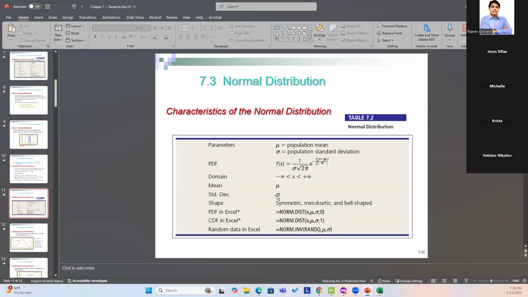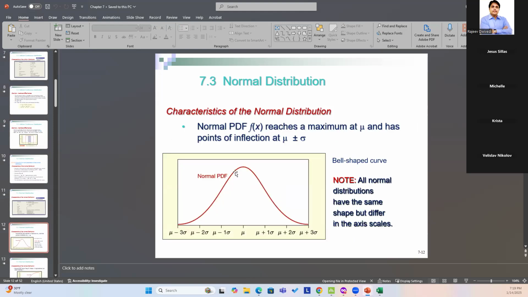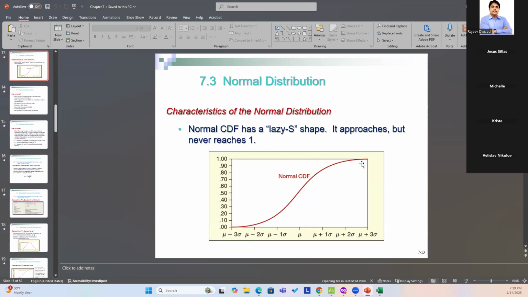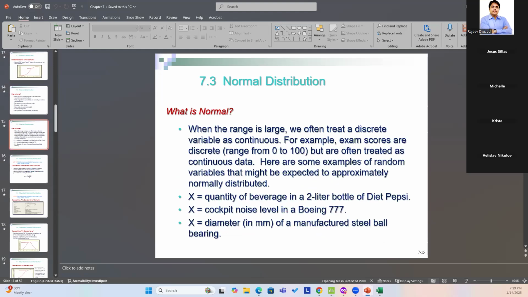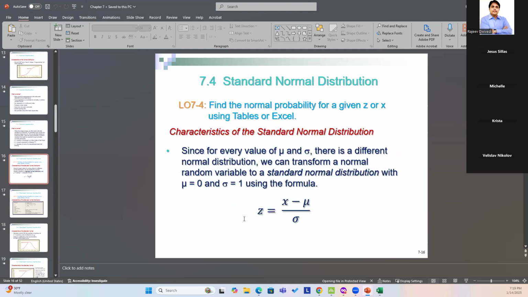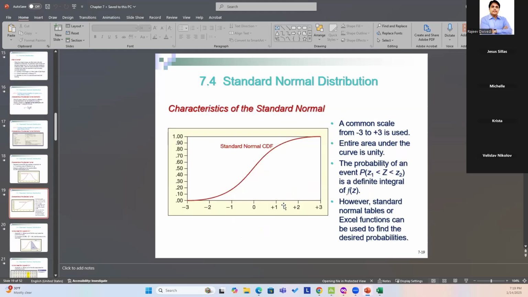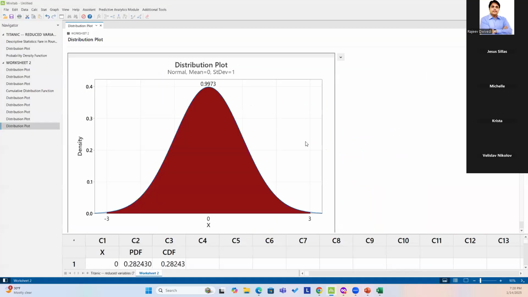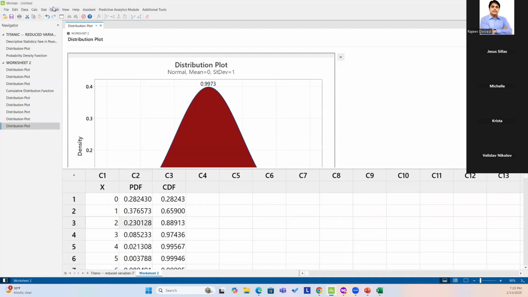Mu is the mean, sigma is the standard deviation. So this is a normal distribution curve, and cumulative is like this. It has a z value, and whatever value you want to check, you can check. Let's say, for example, in this class we have a 100 points exam, entire 100.